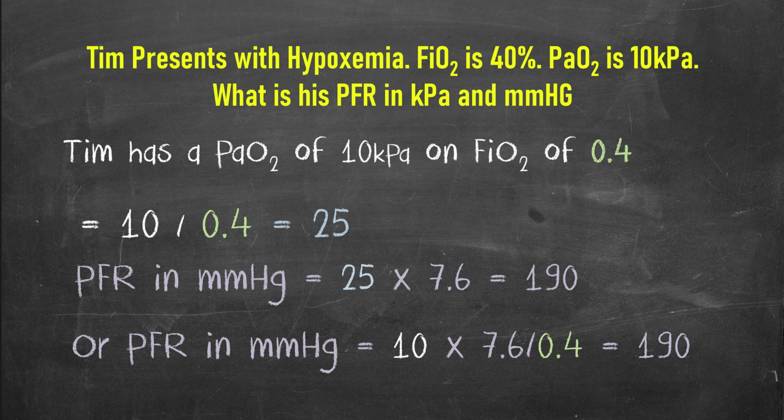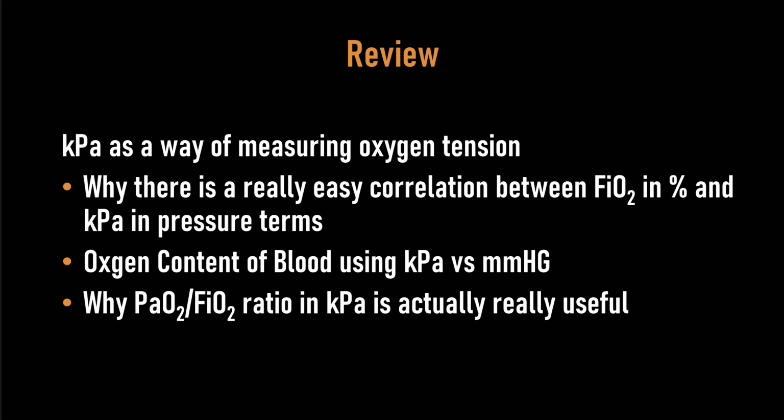Now let's review this tutorial. In this tutorial, we looked at kilopascals as a way of measuring oxygen tension, why there's a really easy correlation between the FiO2 in percentage terms and kPa in pressure terms. We looked at oxygen content of the blood using kilopascals versus millimeters of mercury, and why the PaO2/FiO2 ratio in kilopascals is actually quite useful.